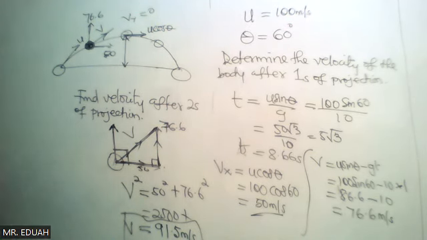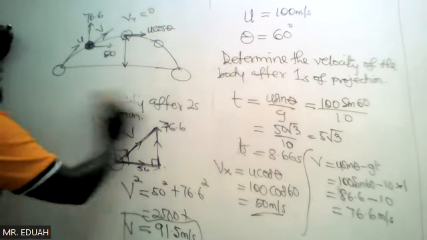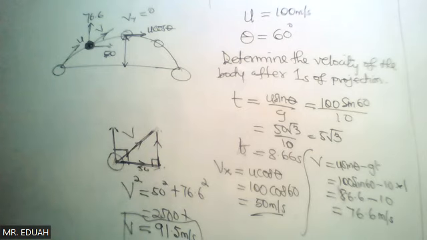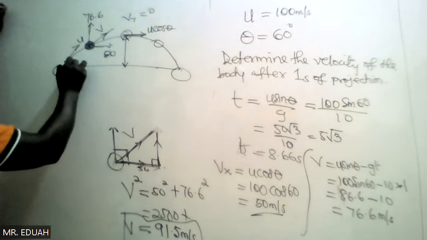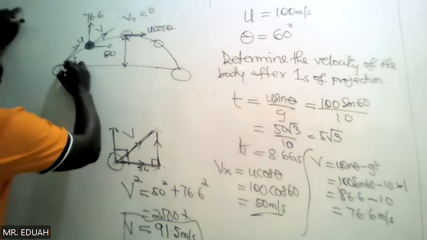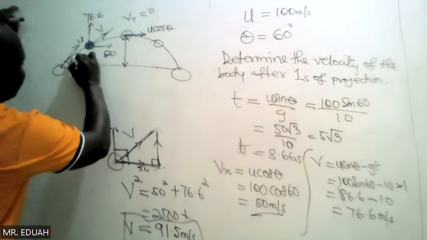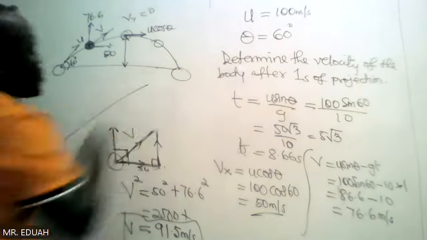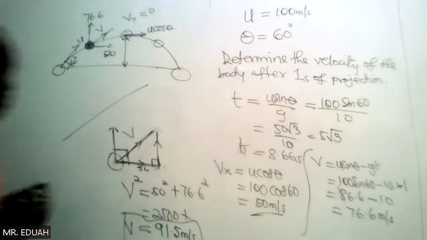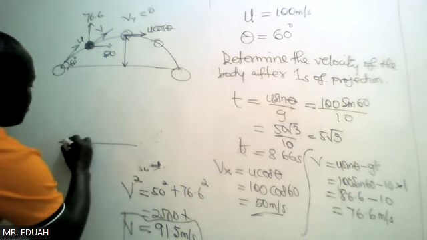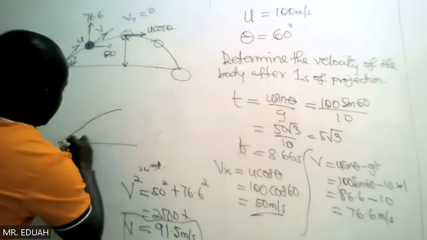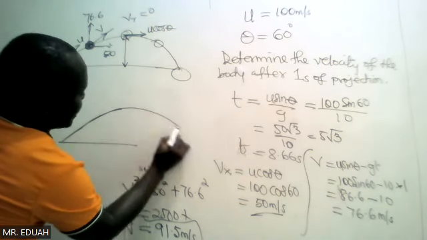Another thing you have to pay attention to is that in two-dimensional projectile motion, the angle isn't constant as the body goes. It's not fixed. Here we are told it is 60. Now, the path or the trajectory is parabolic. It's not a straight inclined line. As the body goes up, the path to the horizontal bends downwards, gets to the maximum height, on and on.